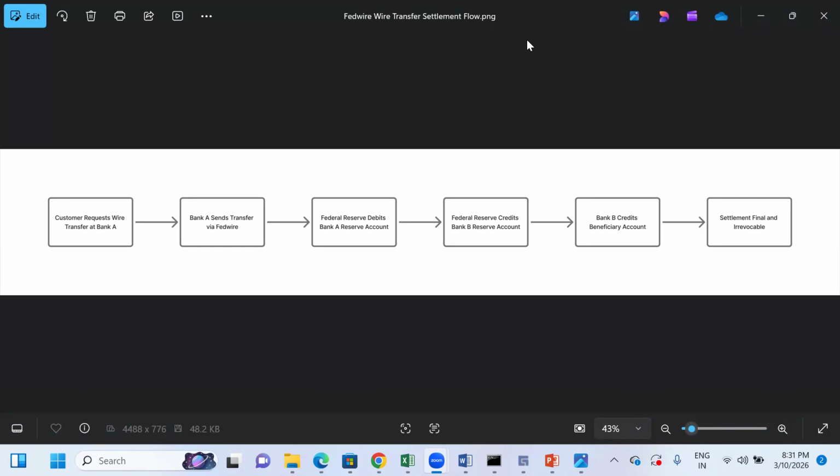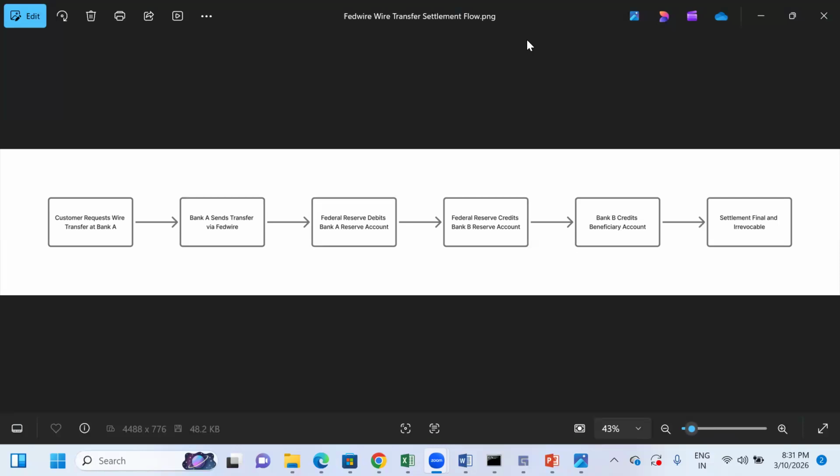Fedwire. First of all, write down what Fedwire stands for. Fedwire is an RTGS system. RTGS means real-time gross settlement, you know already, right?